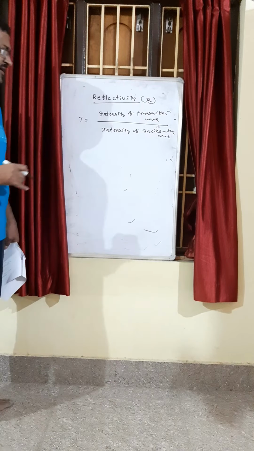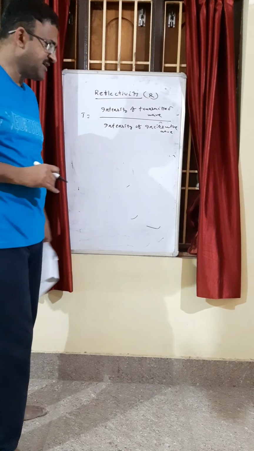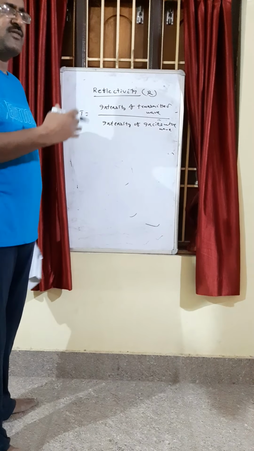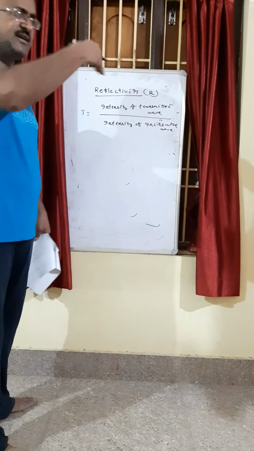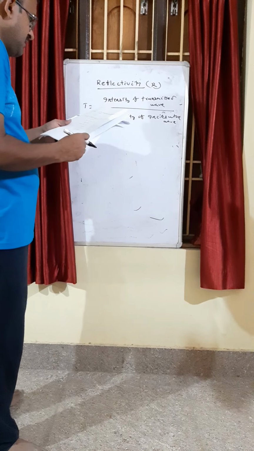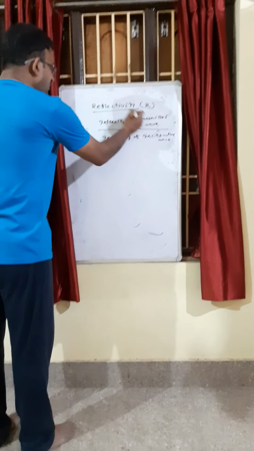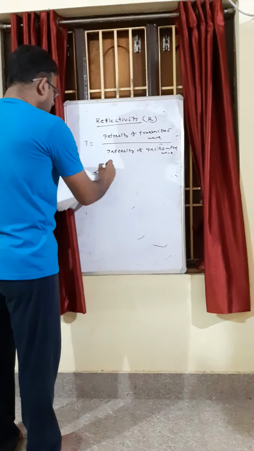That means if an electromagnetic wave is incident, what fraction of the energy is transmitted? So when you go for calculation of transmittivity, this is how we get the intensity of the transmitted wave.